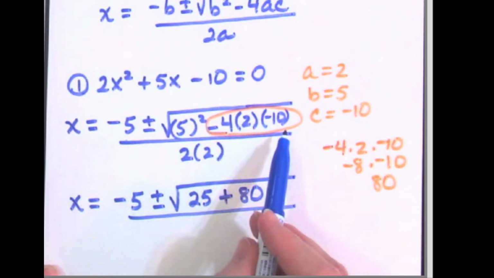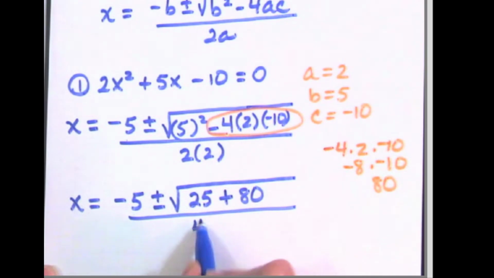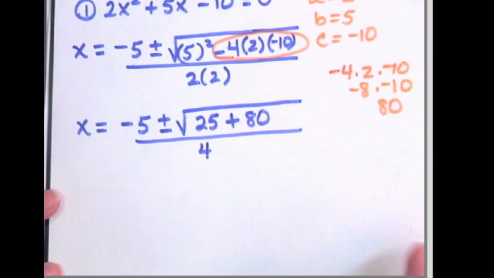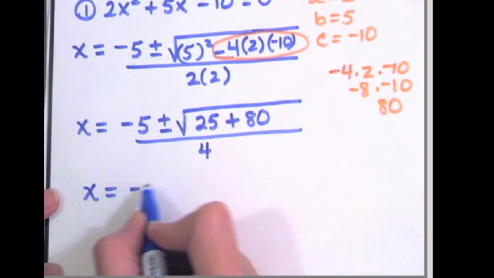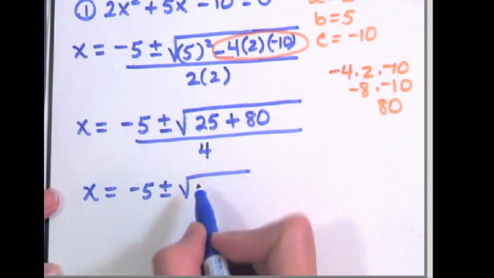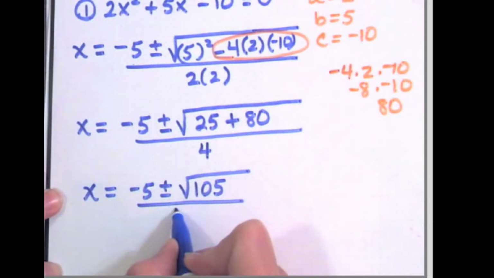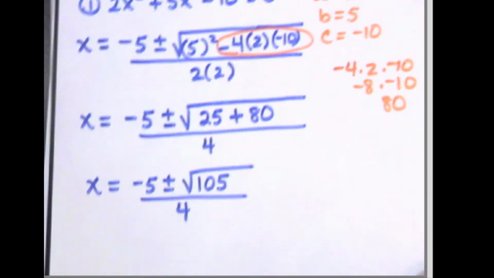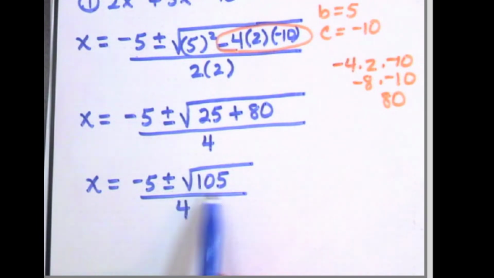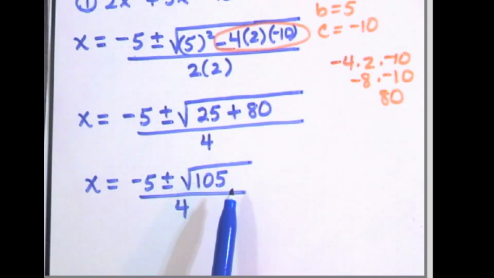So again, that was just left to right. And then in the denominator, we have 2 times 2, which is 4. Okay, we still need to simplify what's underneath the radical. So 25 plus 80 is 105, and that's all over 4. And we need to think about that 105. Are there any perfect squares that go into 105?